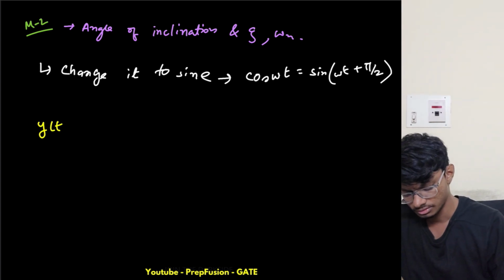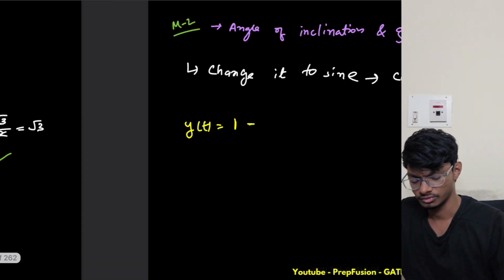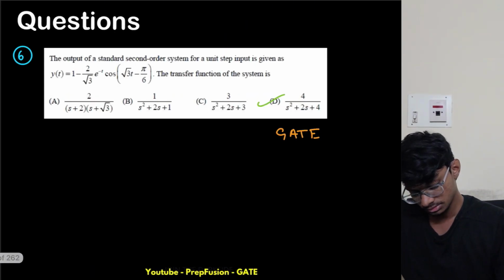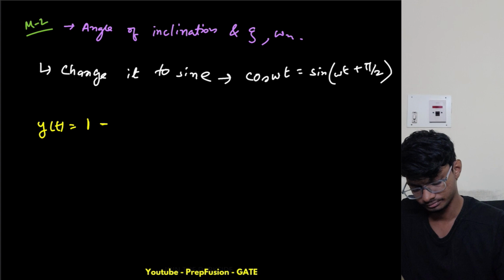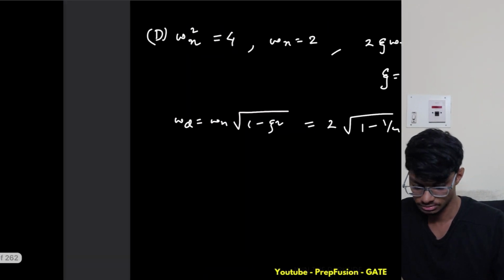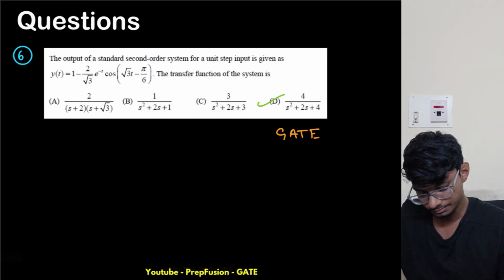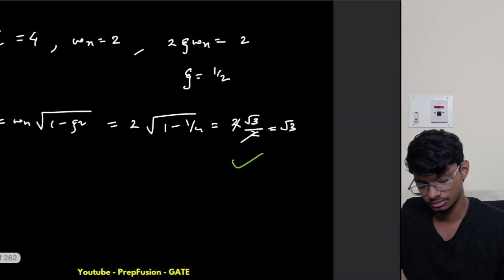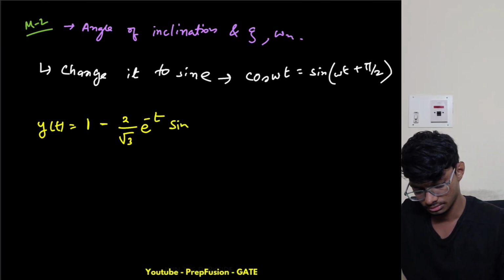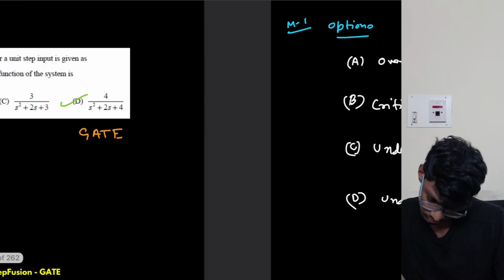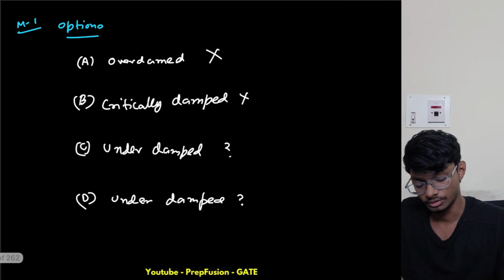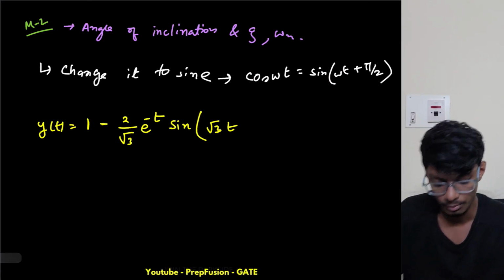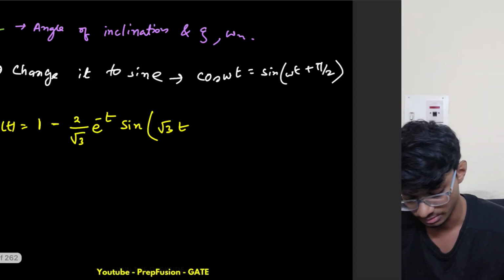So my y of t, what will it become? 1 will remain, 1 minus 2 by root 3 e raised to power minus t, then sine root 3t, then this will be minus pi by 6 plus pi by 2.